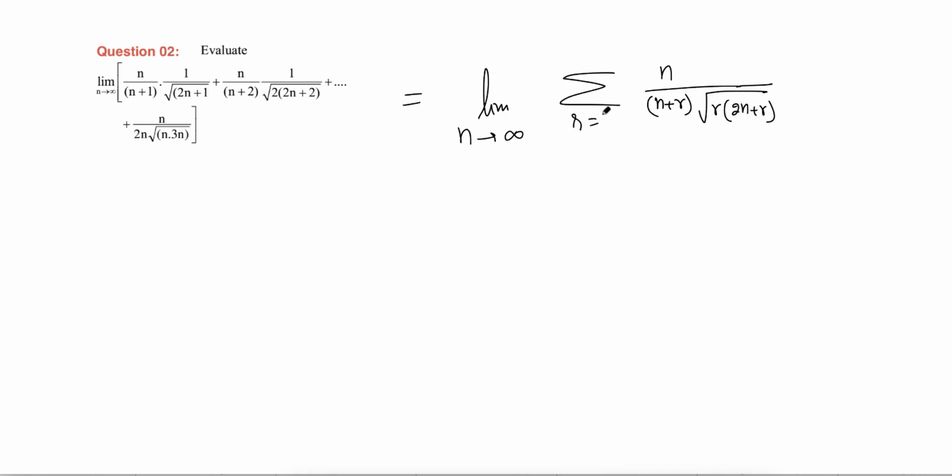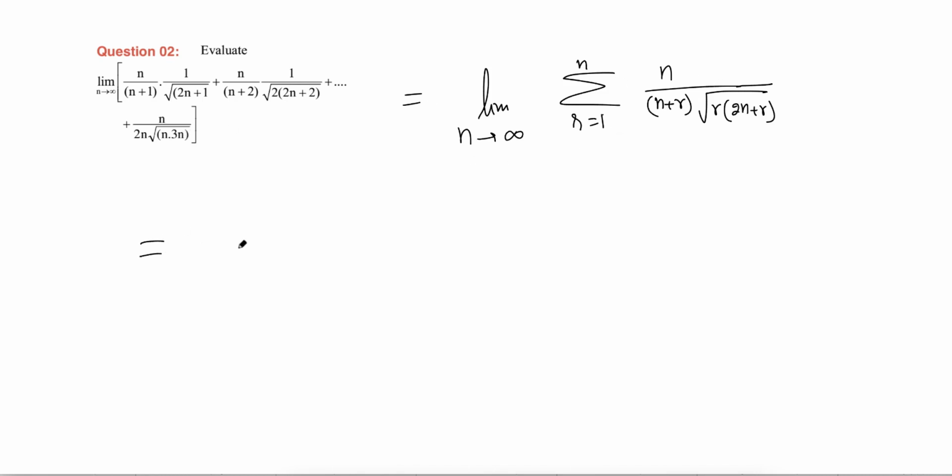R will vary from 1 to n. Verify: if r equal to 1, what will happen? N by n plus 1 into root of 2n plus 1. R equal to 2, n by n plus 2 into 2n plus 2. R equal to n, n by n plus n, 2n into root of n into 3n. Yes, so this is correct.